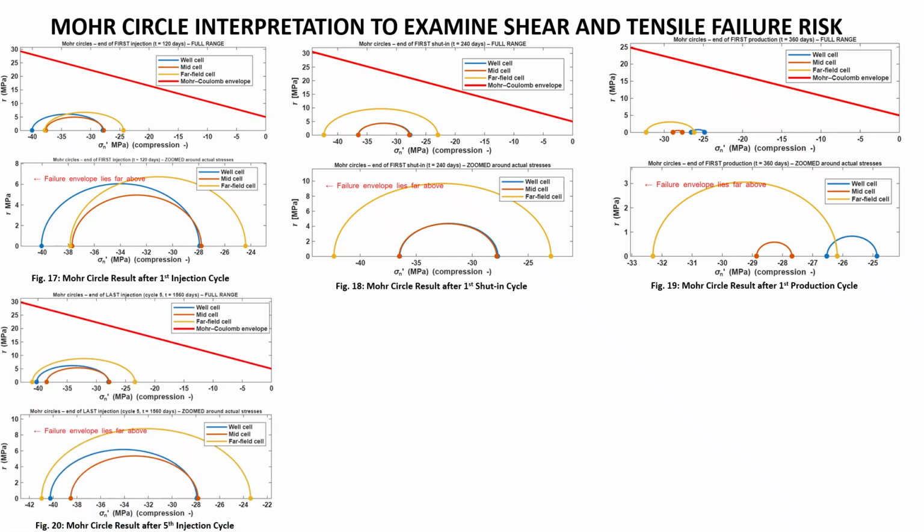So now I'm showing the results for the Mohr circle at the final cycle, which is cycle 5. We see that by cycle 5 the same patterns repeat, but we have a slight cumulative change. For the far field and the mid cell circles, the moves are comparably similar to what we had in cycle 1.